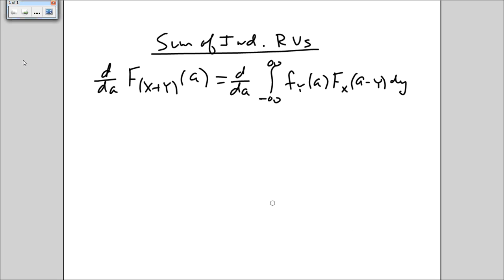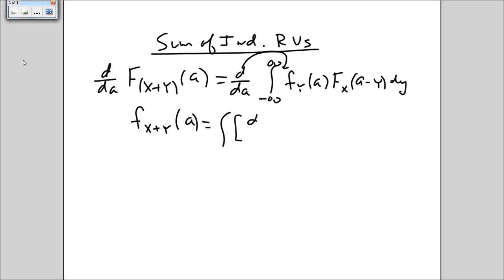Well, the derivative of big F of X plus Y of a is just going to be little f sub X plus Y of a. And on the other side, since f_X and f_Y are continuous, I can put the derivative inside the integral.